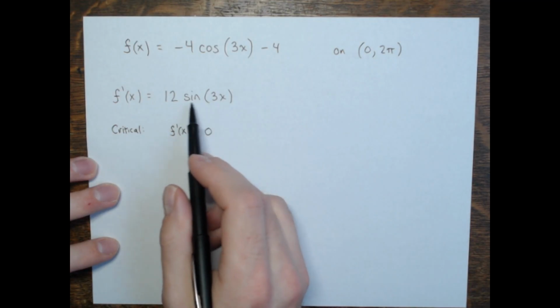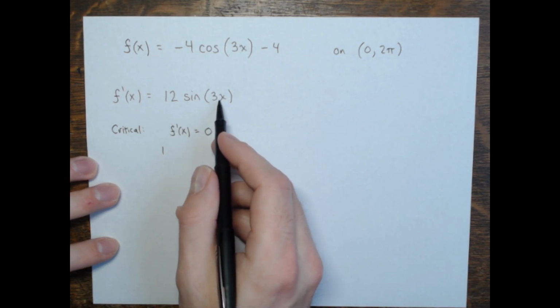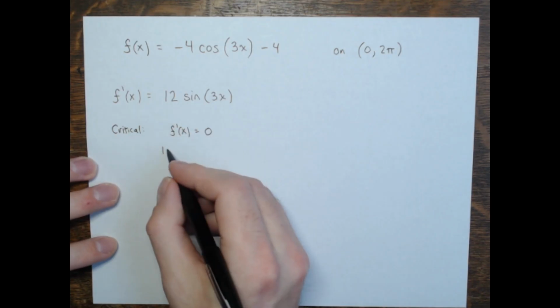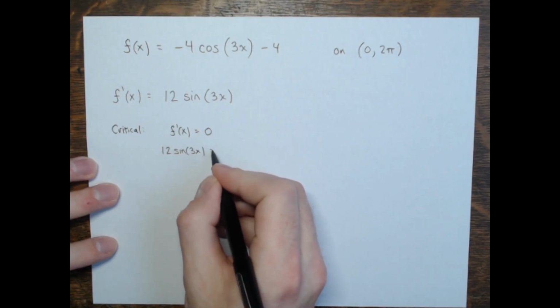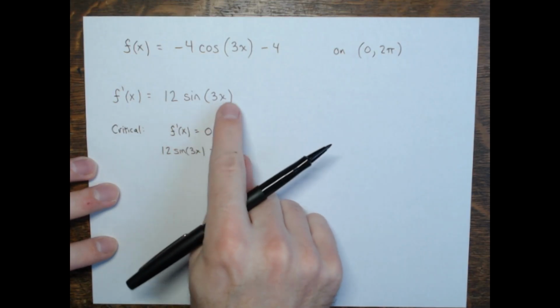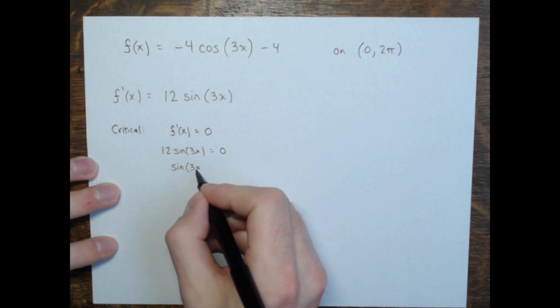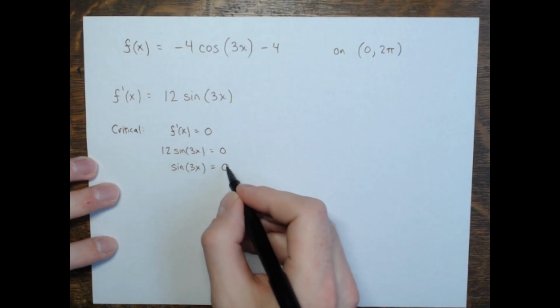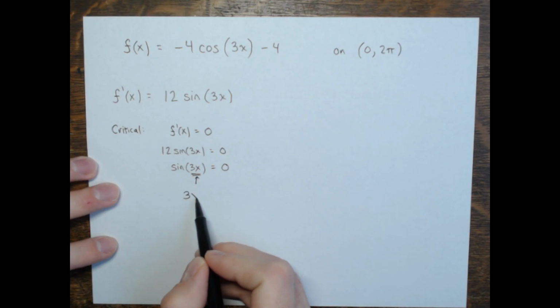So remember how to solve trig equations with arguments that are not just a single variable, not just theta, not just x here. We have 12 times the sine of 3x. When is that equal to 0? It's never going to be undefined, so I'm not worried about that. So that's when the sine of 3x equals 0. And remember the input here, this 3x.